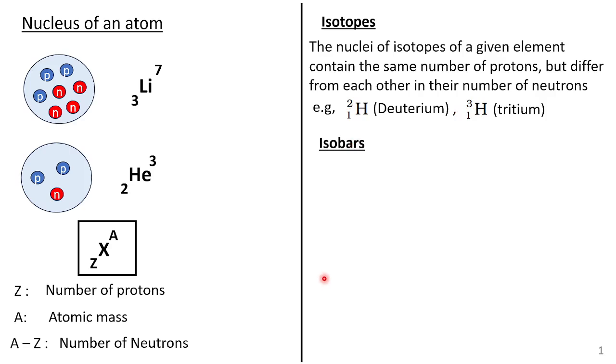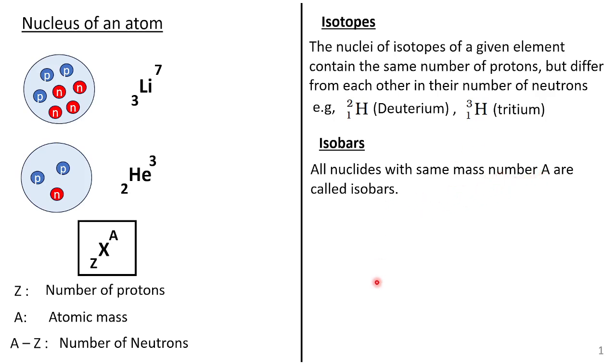Isobar. Remember, for isotope, only the lower numbers are the same. Then isobars have the same atomic mass. Only the atomic mass is equal. For example, look at these two, and helium-23. How can I say that they are isobars? In the case of isobars, the upper numbers are equal.